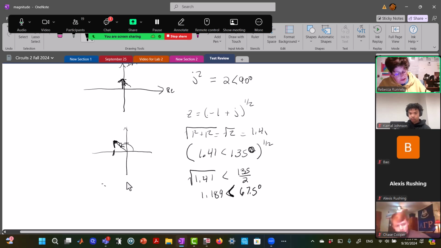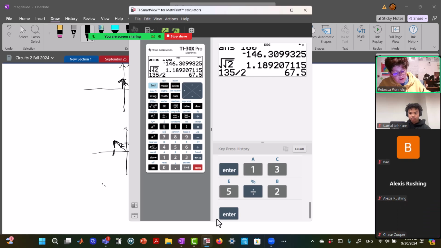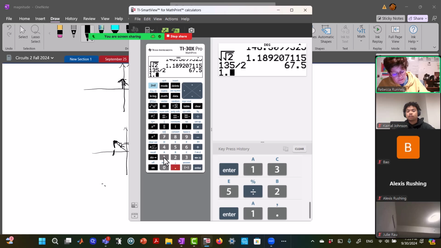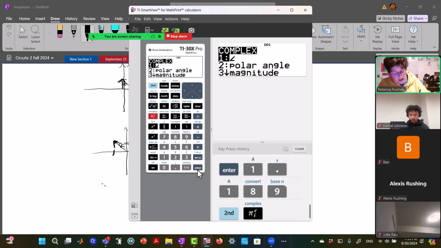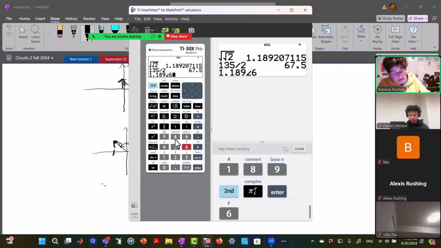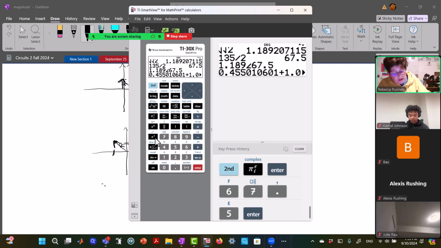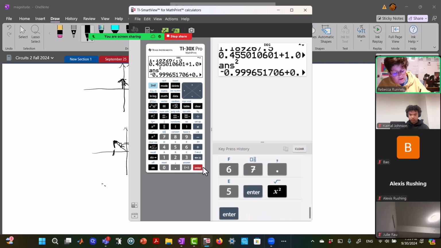Now just to see if we got that right, let's use our calculator. If I take 1.189 and then go to complex angle 67.5, and I put that in, and then I square it, do I get back what I started with, which was -1 plus j?